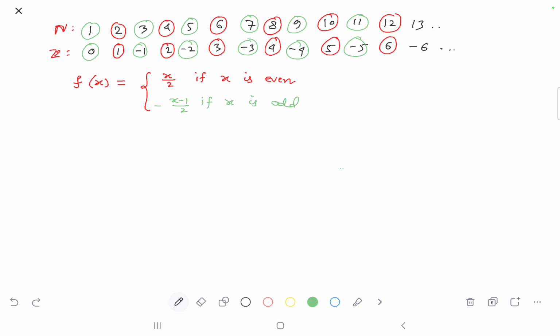So this map is a bijective map from the set of all natural numbers to the set of all integers. So this implies N is equipotent with the set of all integers. So Z is countably infinite. So the countably infinite part is done.